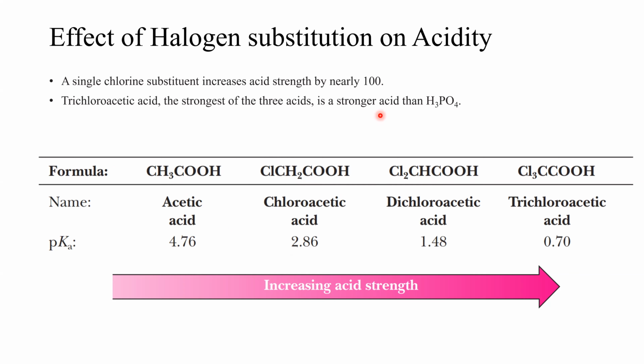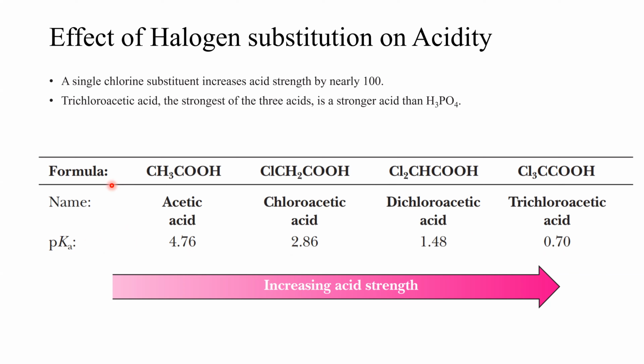When 2 chlorine atoms are substituted, this is dichloroacetic acid, and the pKa value is reduced to 1.48. Now trichloroacetic acid is 0.70. So what do you get out of it? I have told you that the pKa is inversely proportional to the acidic strength. So it means the higher the pKa value, the weaker the acid as compared to the other one which has the lower pKa value.